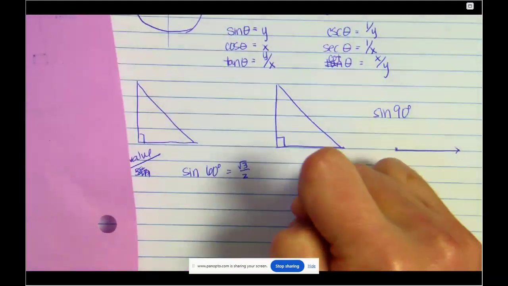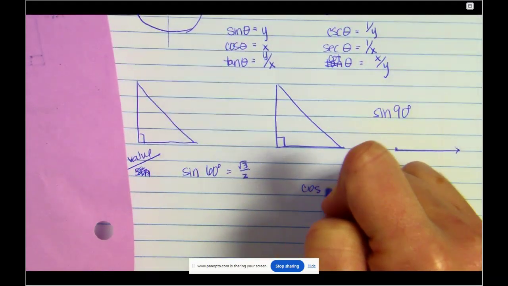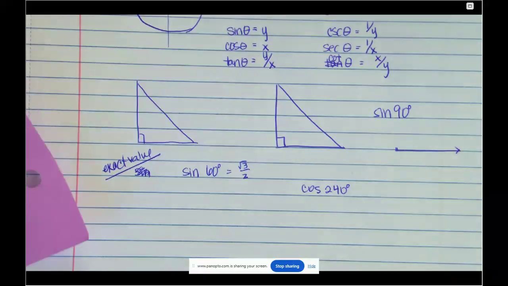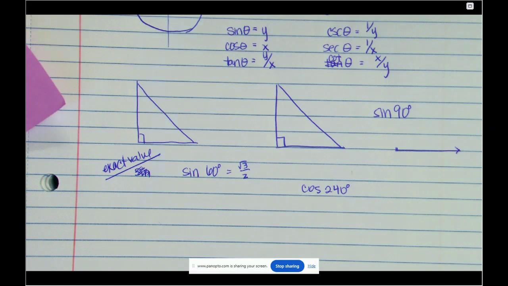How about the cosine of 240 degrees? Ava, do you have a question? No. Okay. Oh, okay. It wasn't the chart. It was your triangle. Okay.